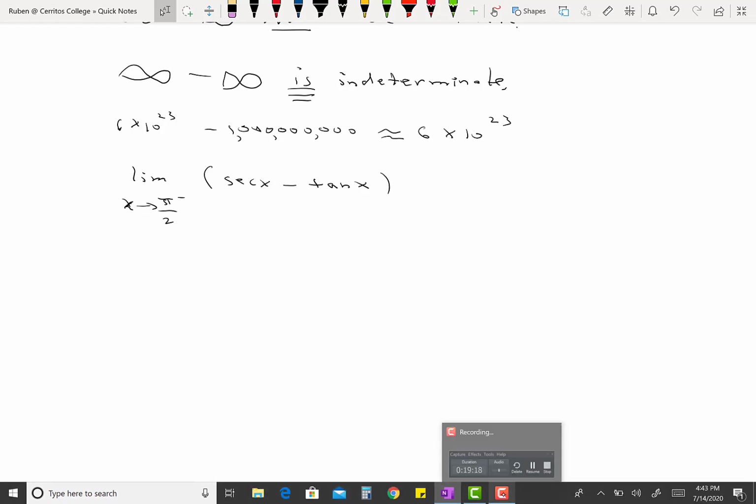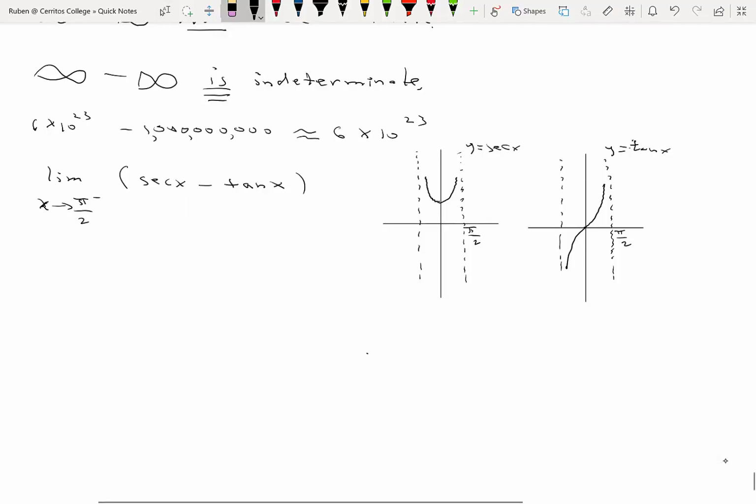Off to the side, I have graphed for us the secant function and the tangent function, half a period of the secant and a full period of the tangent function, and included the neighborhood near x equals pi over 2. So let's take a look at what's happening here. As x approaches pi over 2 from the left of the secant function, little arrows there on the secant now in red, the y values are becoming infinite.